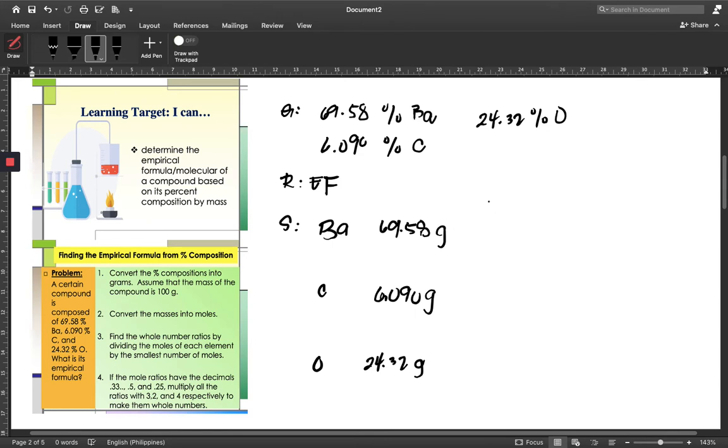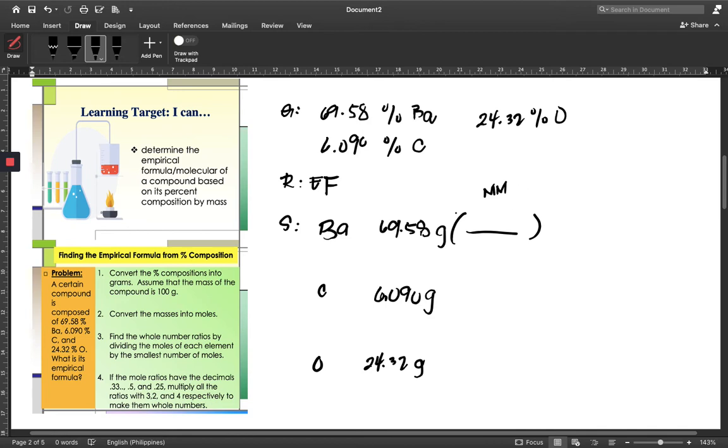So the next thing to do is to convert the following masses into moles. And how do we do that? Based on our knowledge of mole conversions, we can use the molar mass of each particular element to convert the mass in grams into moles. So from grams to moles, we use the molar mass as our conversion factor.